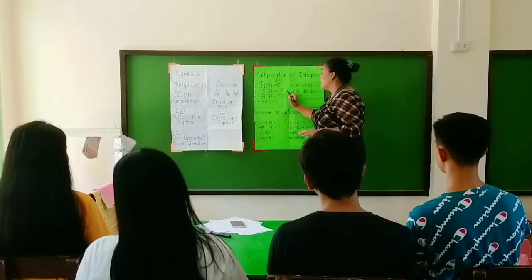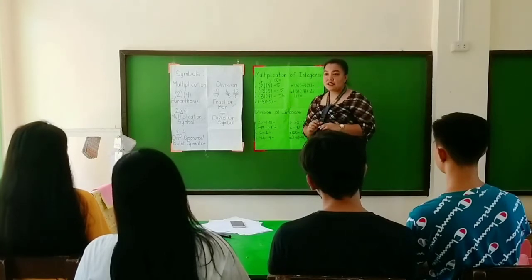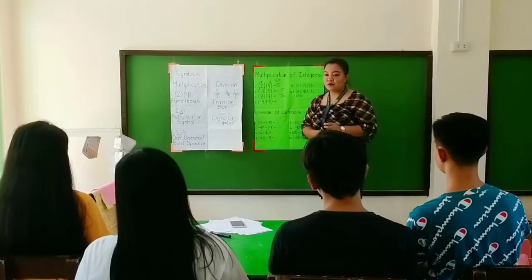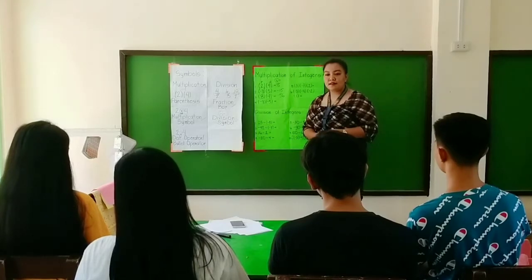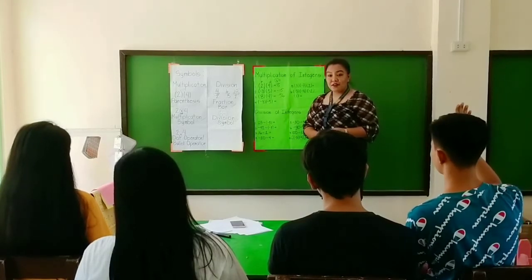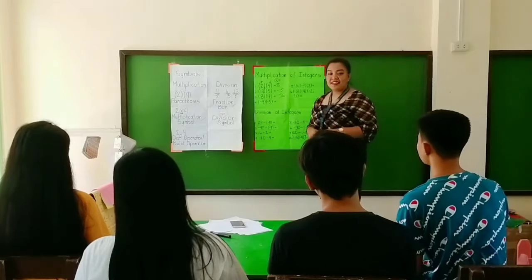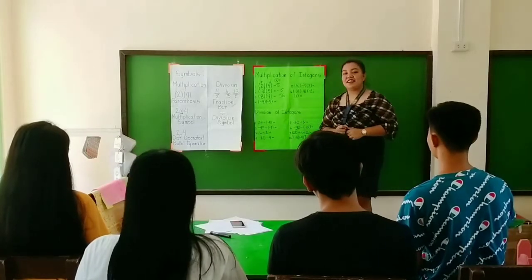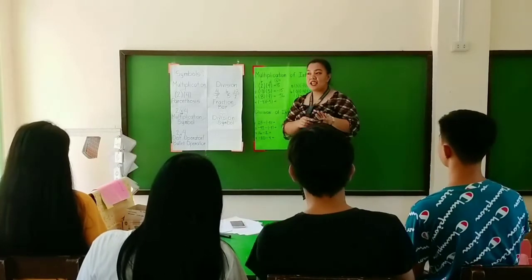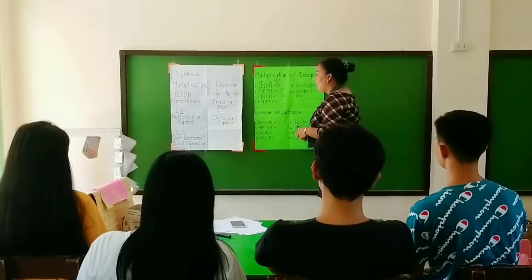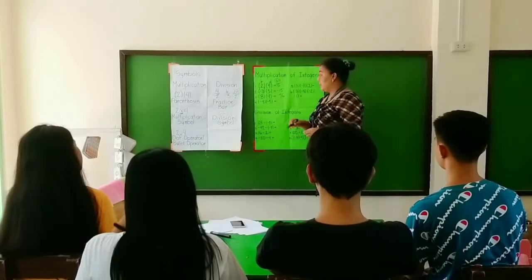Okay, negative 56. Bakit naging negative 56? Sino makakapag-explain why this is negative 56? Okay, Judy Boy. Because positive times negative is equal to negative. Okay, very good. It seems like you understand my discussion earlier.